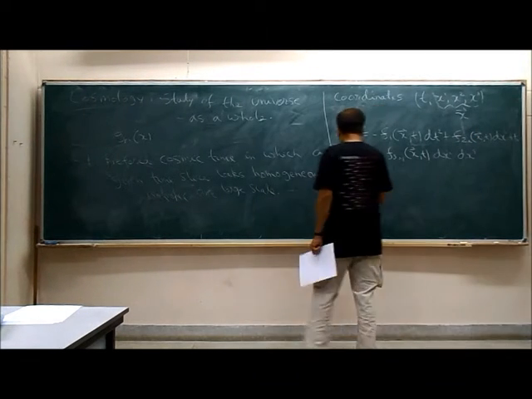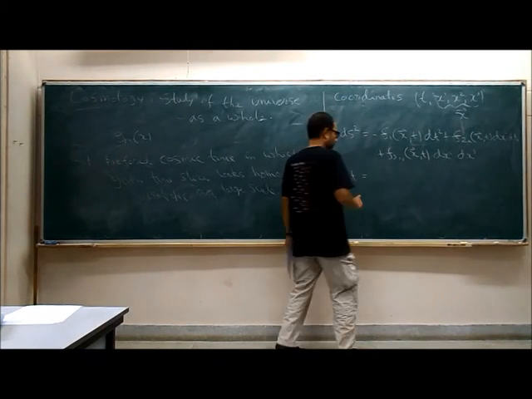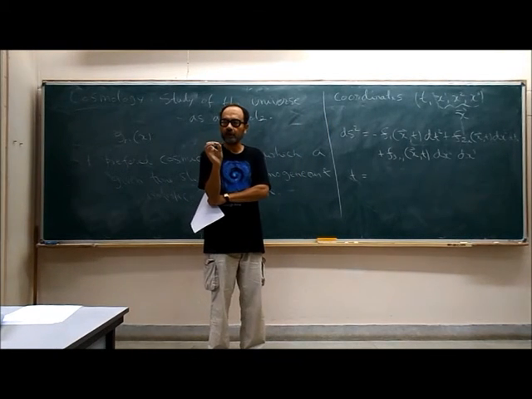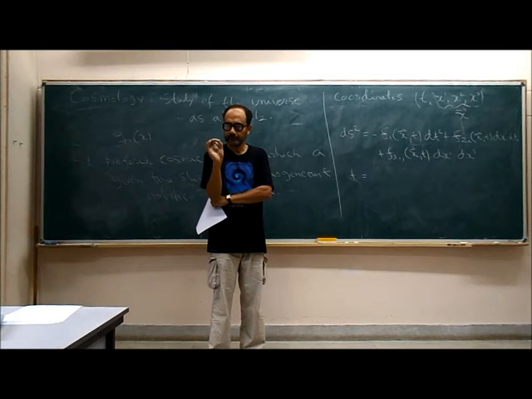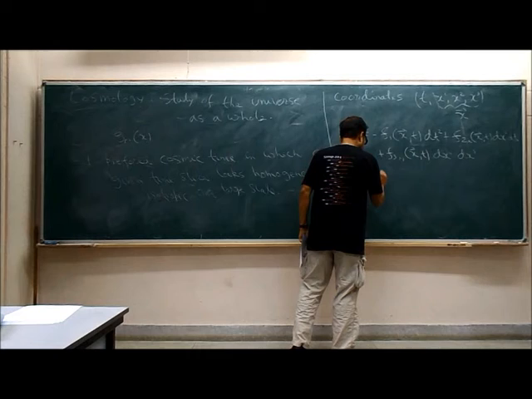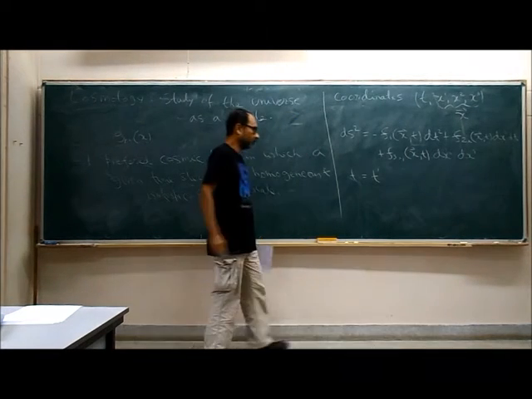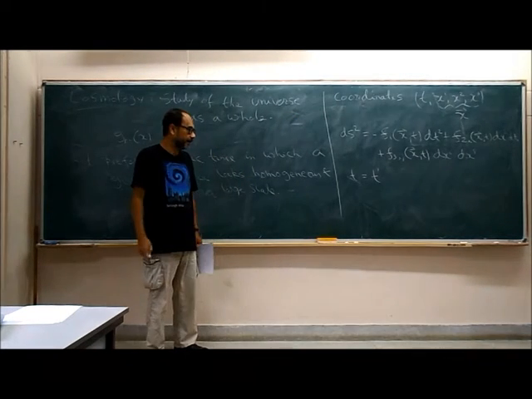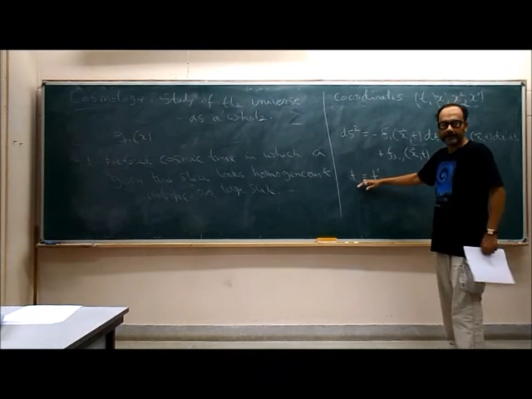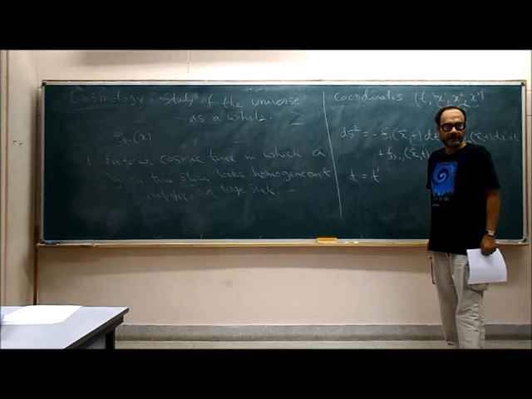Now, a coordinate transformation that we can use, as I said, we will only make use of coordinate transformations which do not touch the time. In fact, that's not completely true. Later on we will use the coordinate transformation involving t. But right now, let's suppose that the new time coordinate is the same as the old time coordinate, so the preferred time remains preferred time.